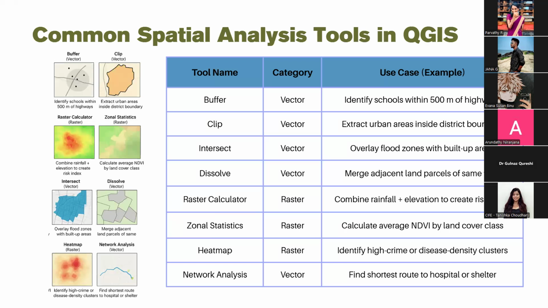For instance, we can combine rainfall and elevation data to generate an index or hazard map.